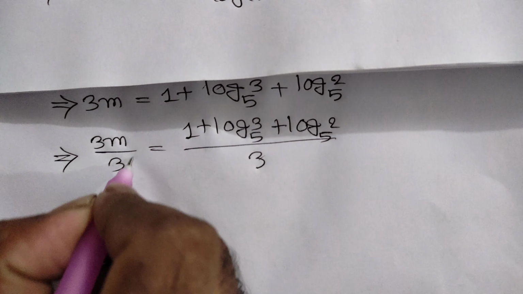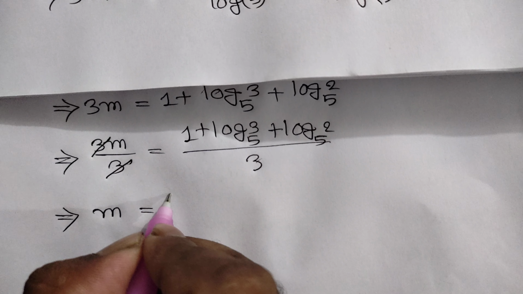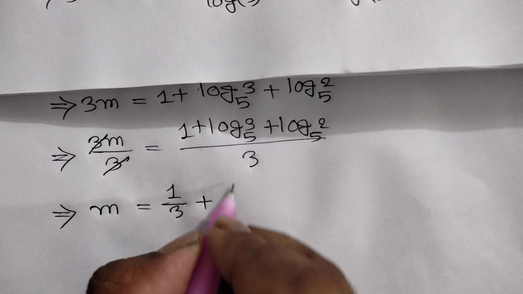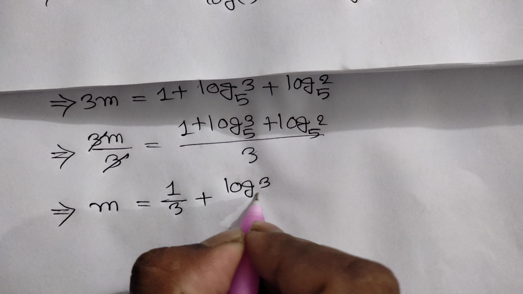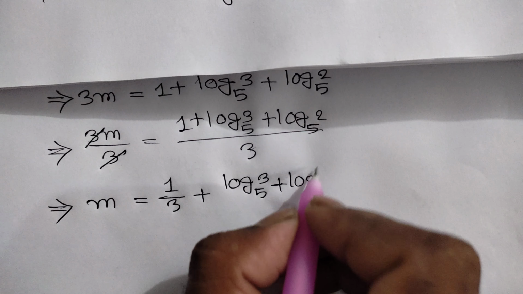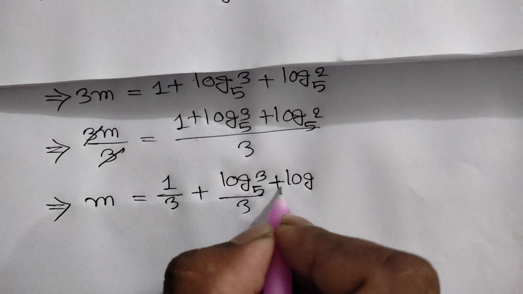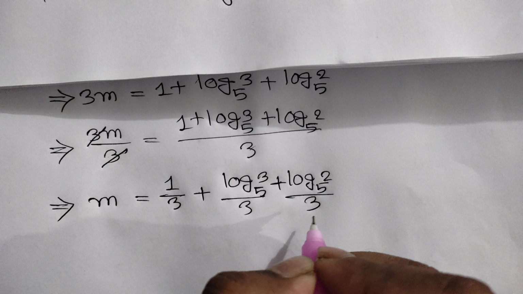Now this 3 cancels out this 3, so here we will get m is equal to 1 over 3 plus log of 3 base 5 over 3 plus log of 2 base 5 over 3.